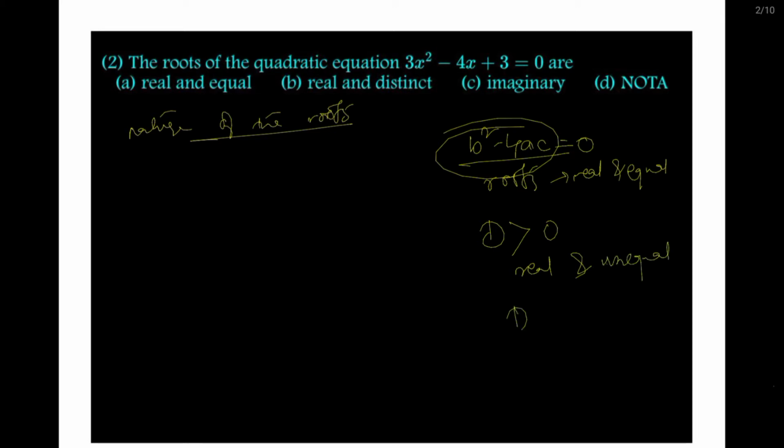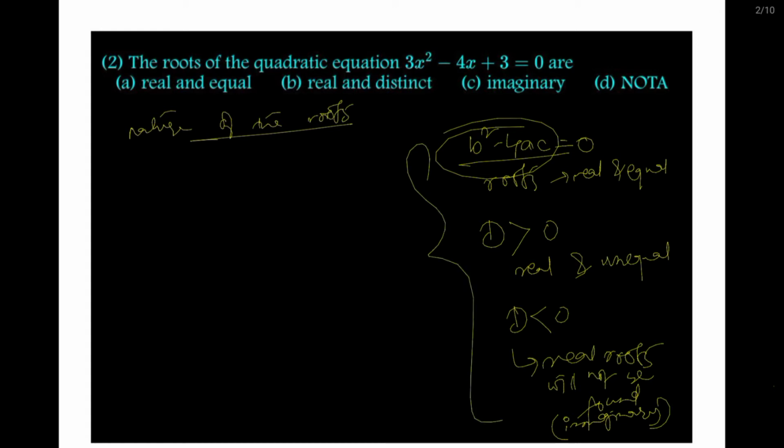And if d is less than 0, then we say there will be no real roots. Real roots will not be found. In such case, we say roots will be imaginary.